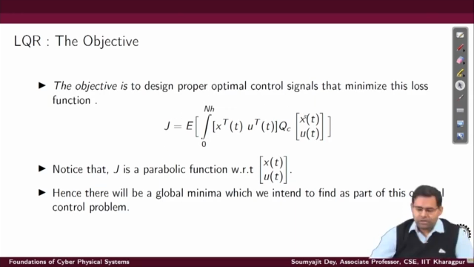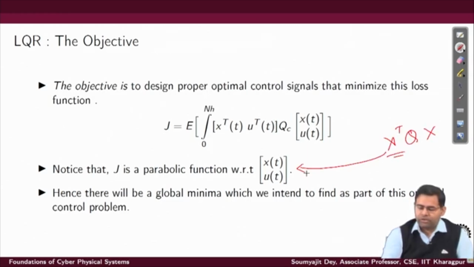Now, since this is a quadratic form, J will be a parabolic function if we consider it in the space of x and u, because you see that it is a function of both x and u. This is the state, right. You have a quadratic form which is x transpose Q x, where x is x u. So, if I plot it in a state space, it will be a parabolic function. Since this will be a parabolic function, it will have a global minimum. I hope this is clear.